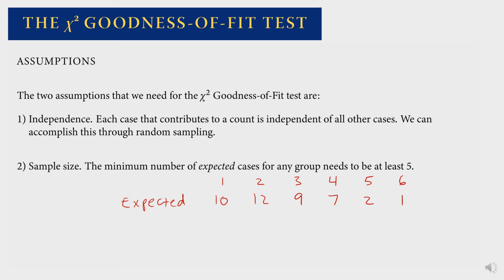Because these last two categories have fewer than 5 expected counts in them, I can group the last 3 together like this. Now the expected counts are at least 5 for each group.